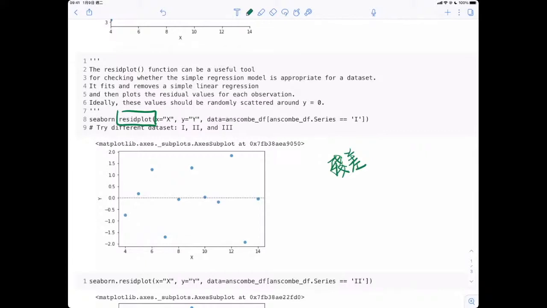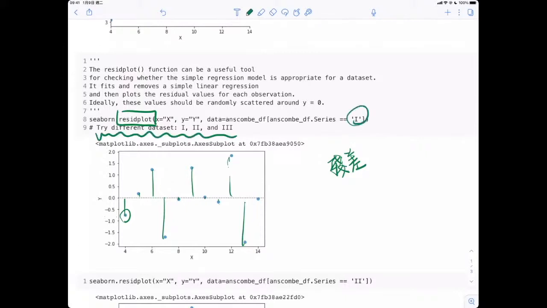So here is the residual, okay? For some point, the residual is, for example, 0.6, like this. So that is the residual. For a model that has less residual, then we consider it a much better model, right?